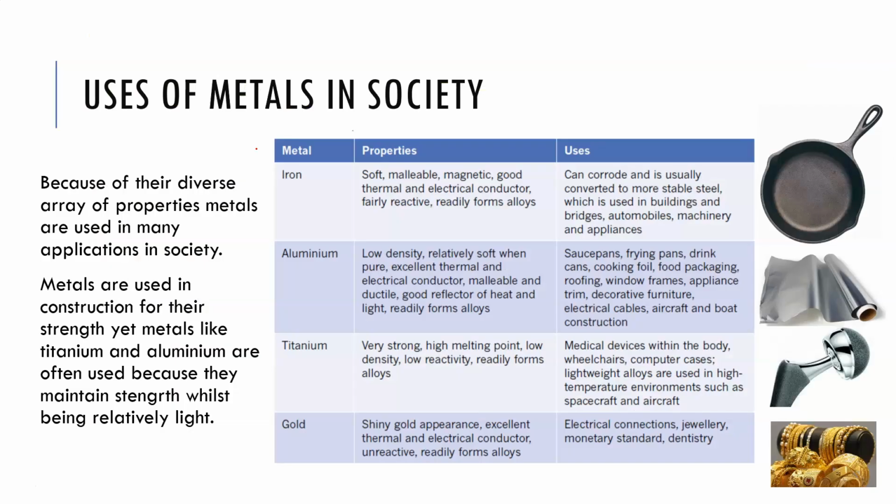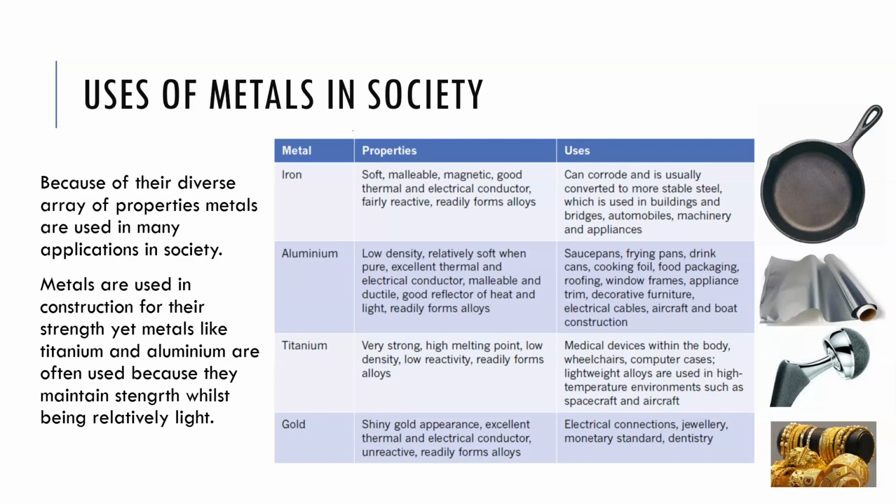Metals are incredibly useful in our society. We use them in a large number of applications, making use of a lot of the properties that they have, such as being heat conductive or electrically conductive, strong, and lustrous. So if you think about iron, we've seen this used in cookware for years, converted into steel for building applications. Aluminium we see used in aluminium foil and aluminium cans, so it's lightweight but strong.